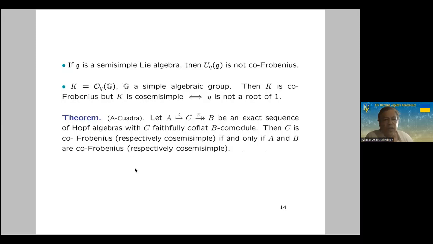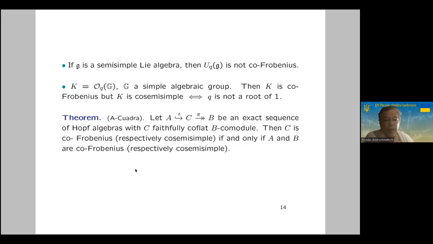And if you have a look at the dual algebra of matrix coefficients O_q(G), the quantized algebra of functions on the group G, then K will be cofrobenius always, but it will be cosemi-simple only if q is not a root of unity.